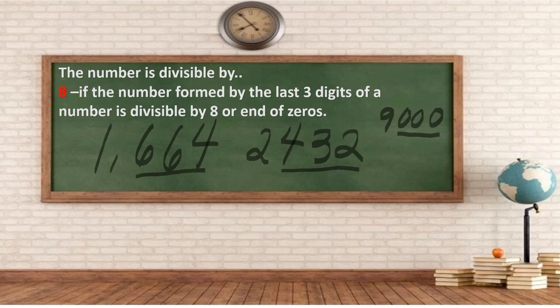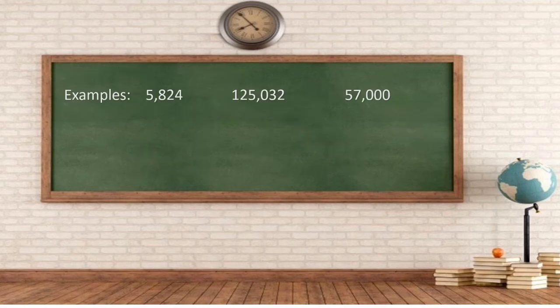More examples. 5824. The last 3 digits, 824, is divisible by 8. So 5824 is divisible by 8. How about 125,032?